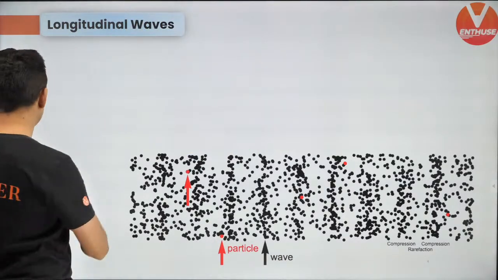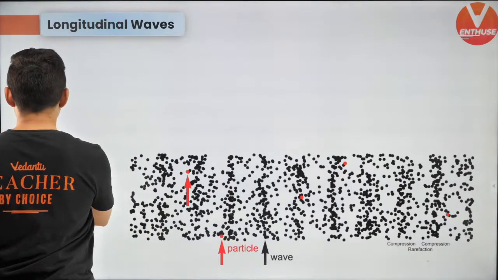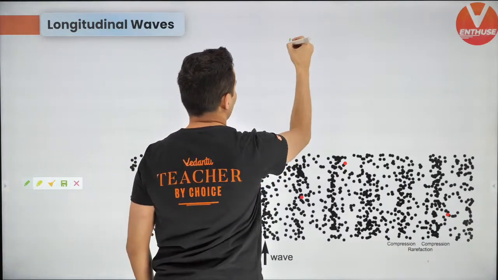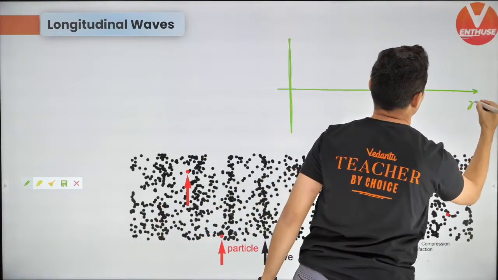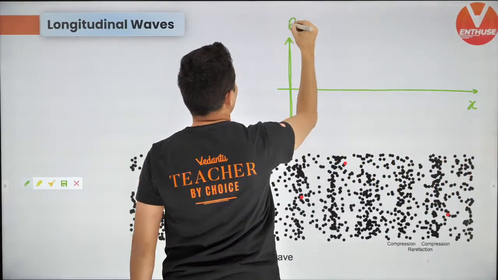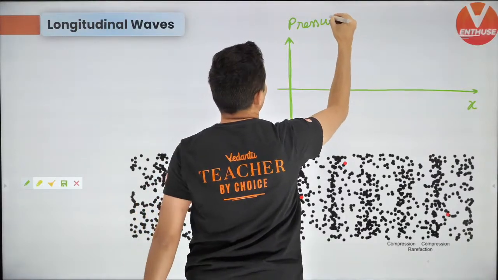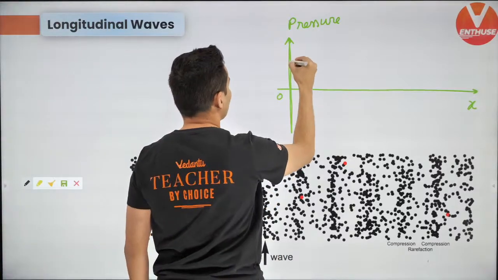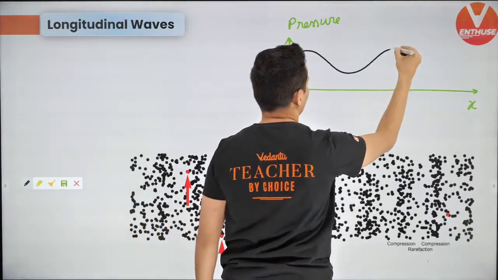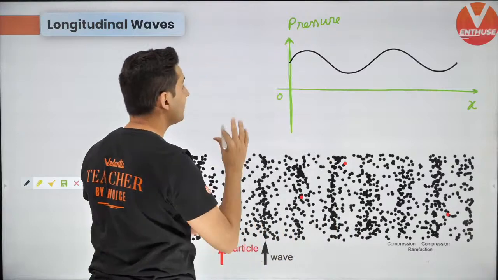I'll just erase this. So another important thing which we are doing now is, if I draw a graph of pressure versus distance, that graph is going to go up, down like this.